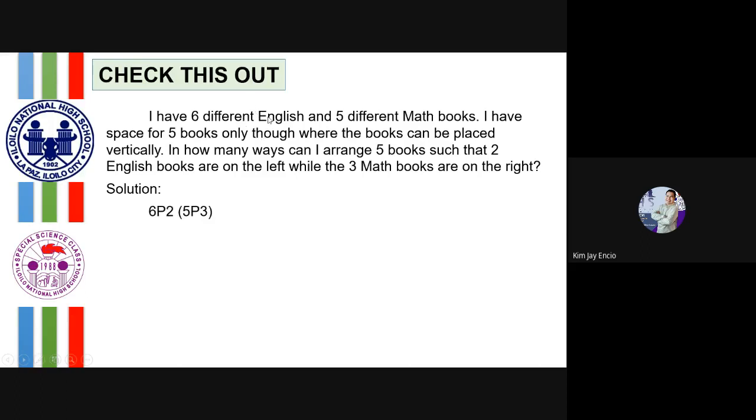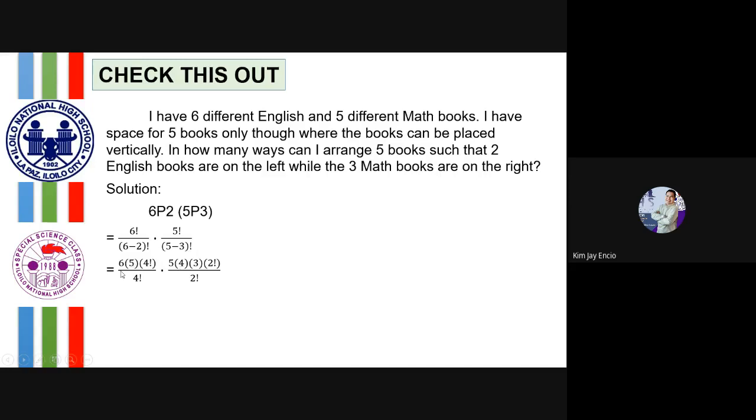Out of English, 6, you pick 2. So that's 6 permutation 2, times, out of the 5 different math books, you pick 3, and that's 5 books in all that you picked to arrange. So this is 6 factorial all over 6 minus 2 factorial times 5 factorial all over 5 minus 3 factorial.